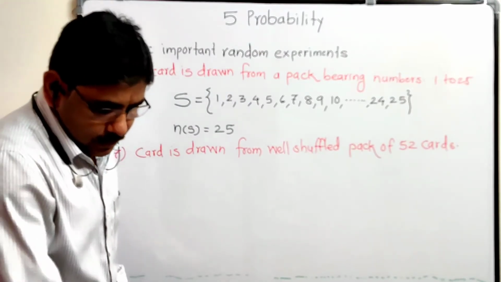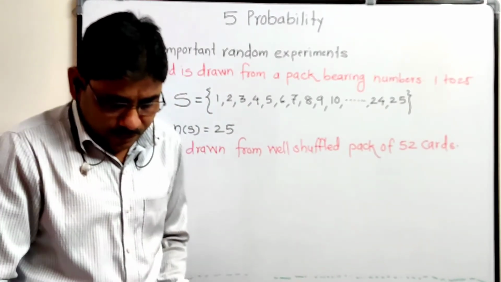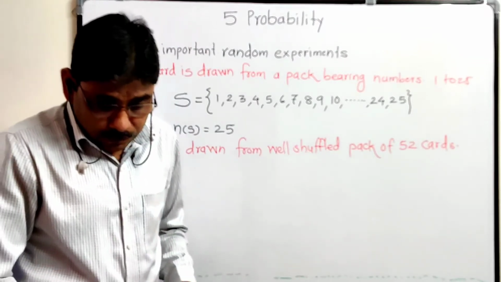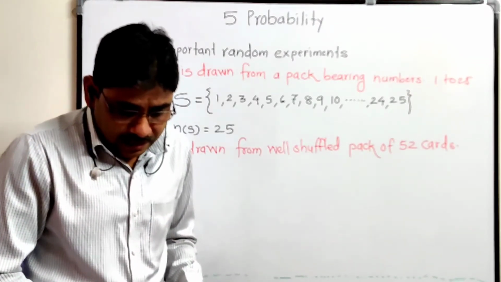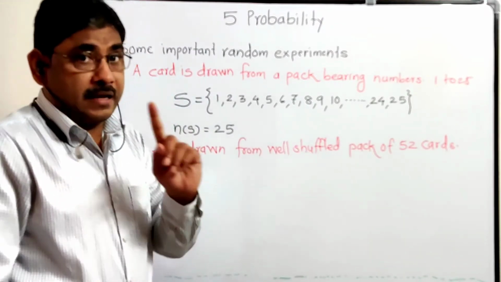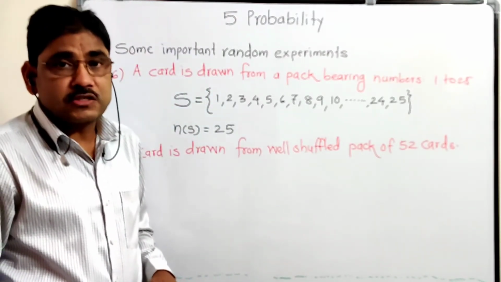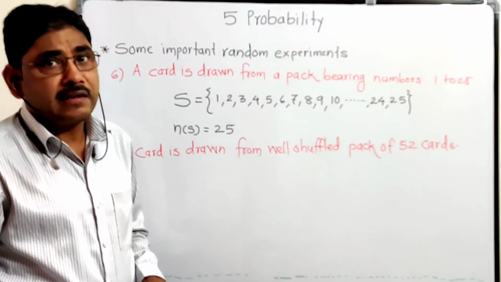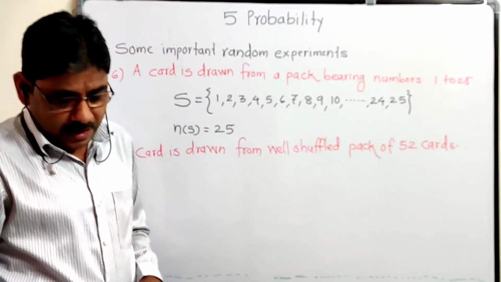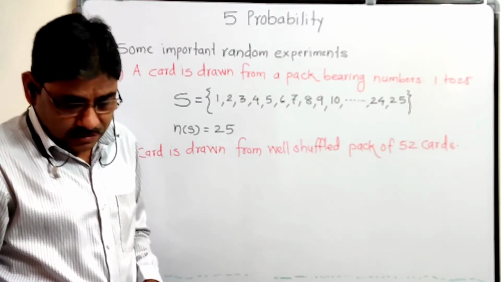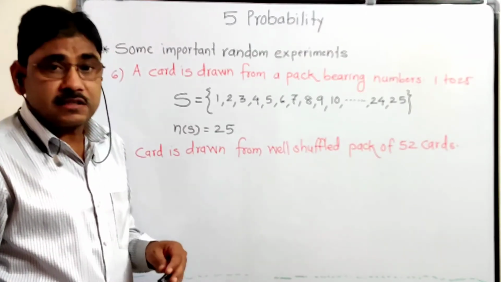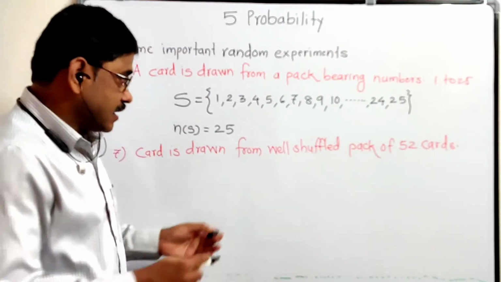So here diamond cards are ace, that is ekka, jack, that is gulam, queen, that is rani, and king. So how many diamond cards are there? 13 diamond cards are there.